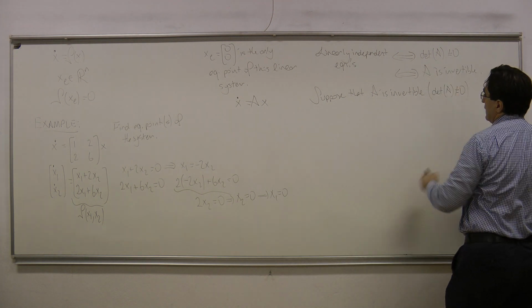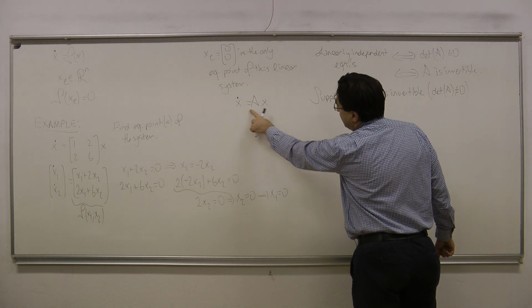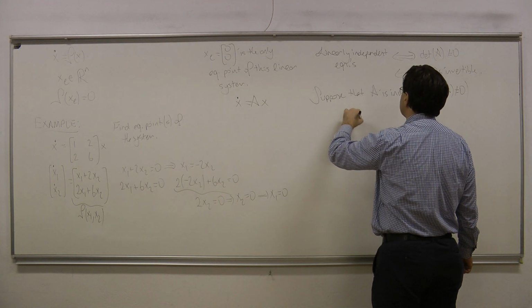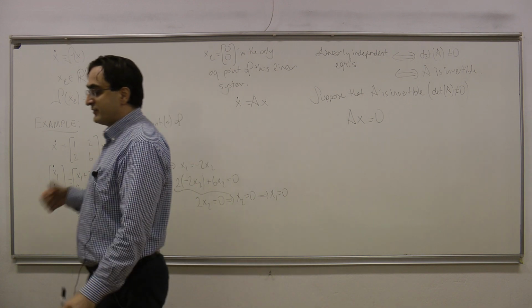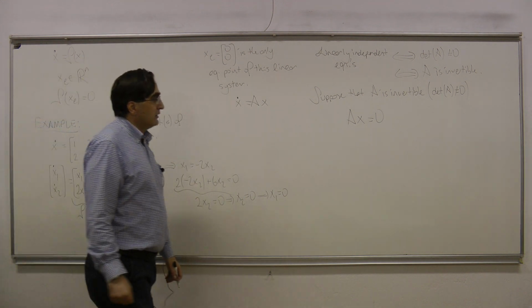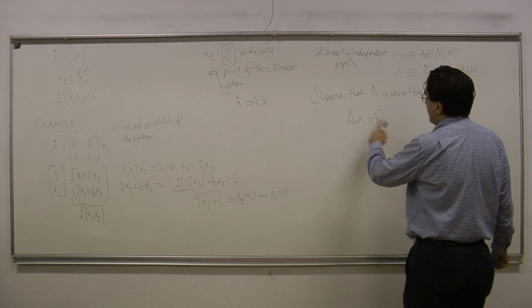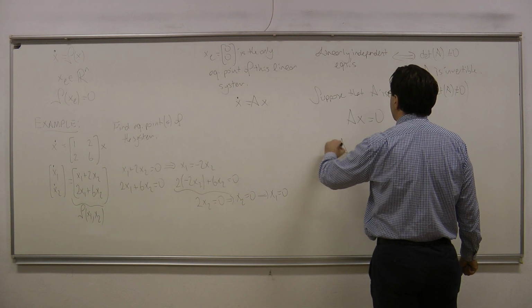Then I can write the following equation. How can I find the equilibrium points of such a system? What I need to do is to solve this equation: Ax equals 0, where the right-hand side is a 0 vector in this case. Now I know that A is invertible, so why not multiply both sides from the left by A inverse?